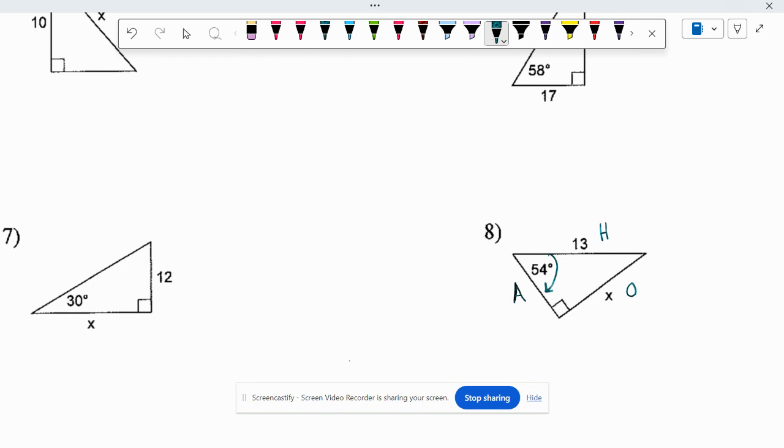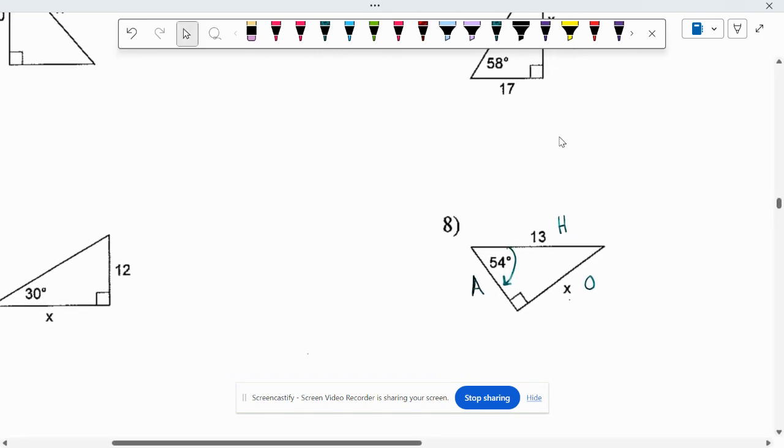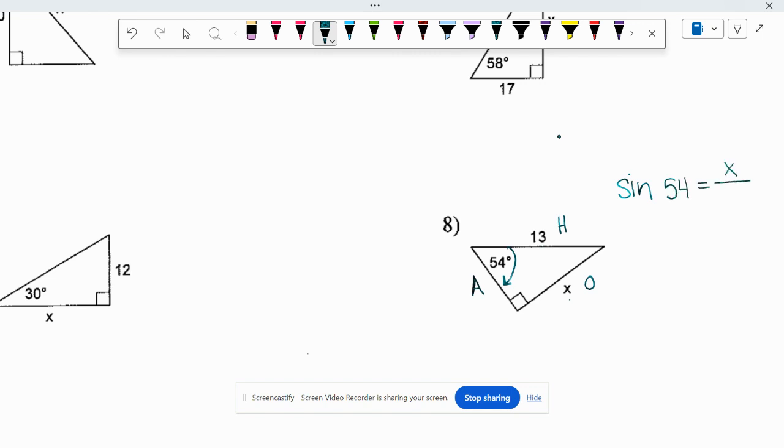So I have measurements on the H and the O. What trig function uses H and O? Sine, cosine, or tangent? SOH CAH TOA. Sine. So the sine of 54 equals the opposite over the hypotenuse.